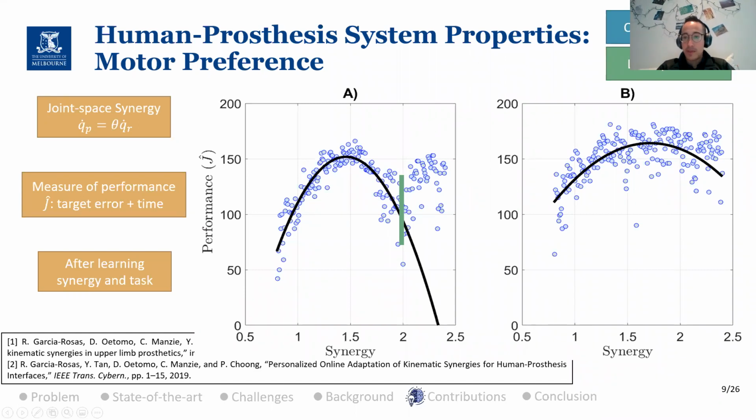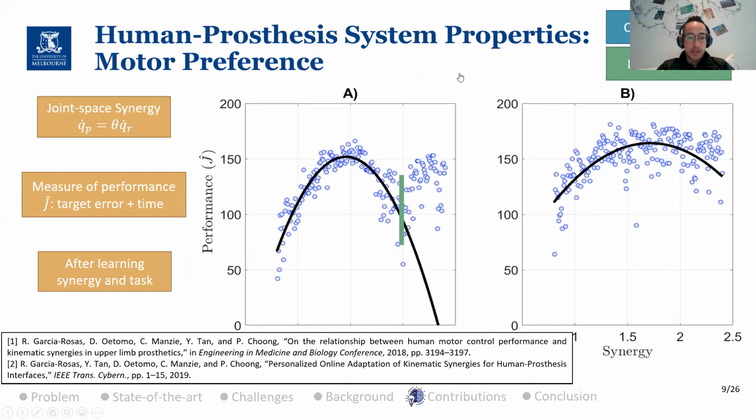There seems to be, on average, an optimal value that maximizes performance, and both the maps and the values are quite different between the two individuals. So these were really exciting results to see early on.